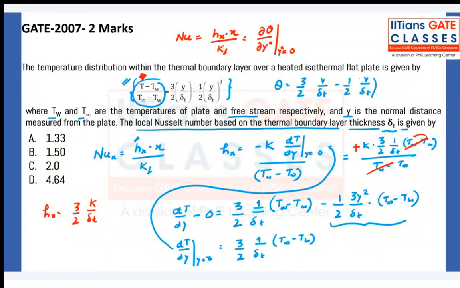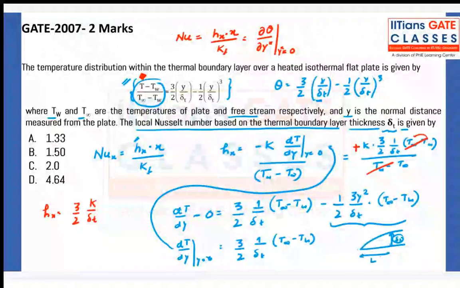Now again we need to apply this. What we need to calculate is based on this thermal boundary layer, so it will be at a particular length. Whatever the thermal boundary layer is, if it is fixed, this length is also fixed. So we can replace this by either L or x.